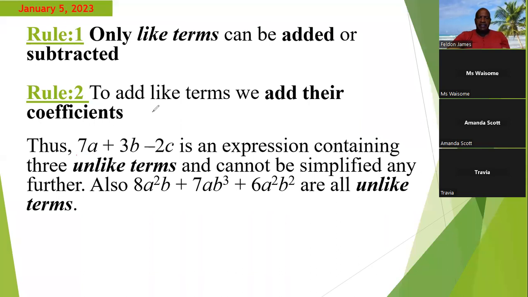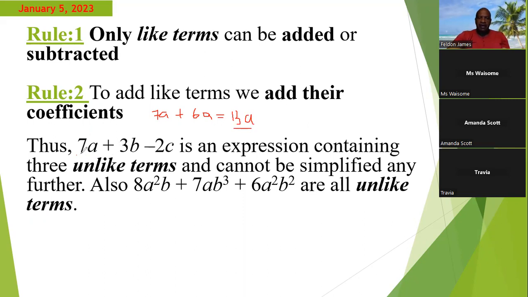If we have 7 apples and we have 6 more apples, we can say that in total, 7 apples plus 6 apples would give you 13 apples. And that would have simplified into a single term, which is 13A.